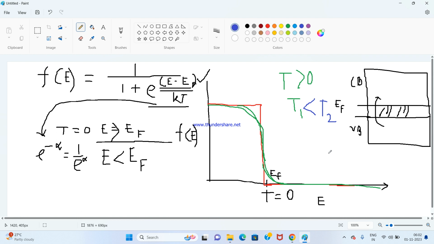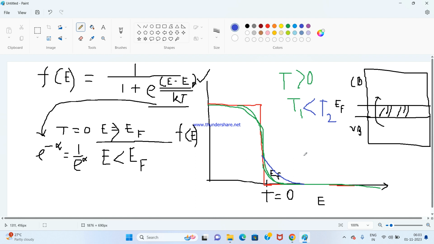Because temperature is in the denominator, if that denominator increases, then this term will decrease. If the entire denominator is decreased, then finally this value will increase. So we will get further like this.